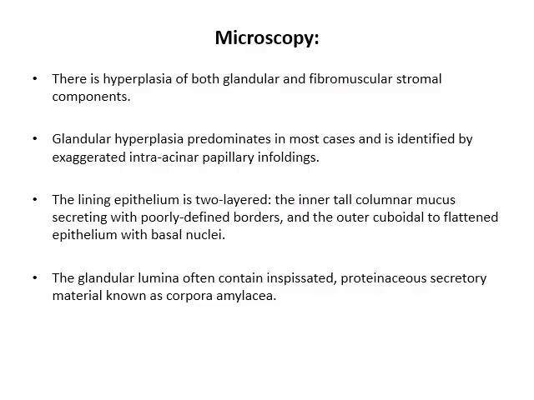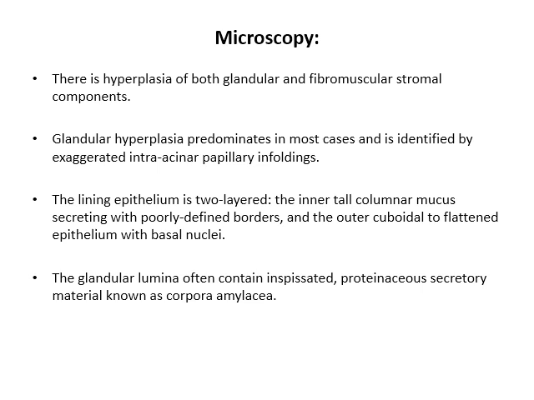On microscopic examination, what we see is hyperplasia of both glandular as well as fibromuscular stromal components. In a few cases there will be more of glandular hyperplasia, whereas in a few cases there will be more of fibromuscular stromal hyperplasia. But in most of the cases, predominantly what you see is glandular hyperplasia.